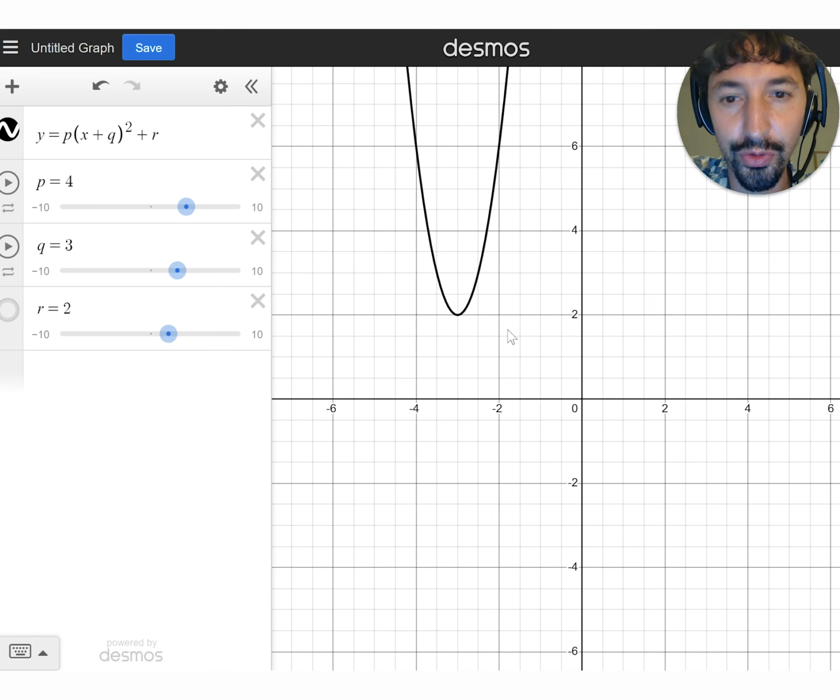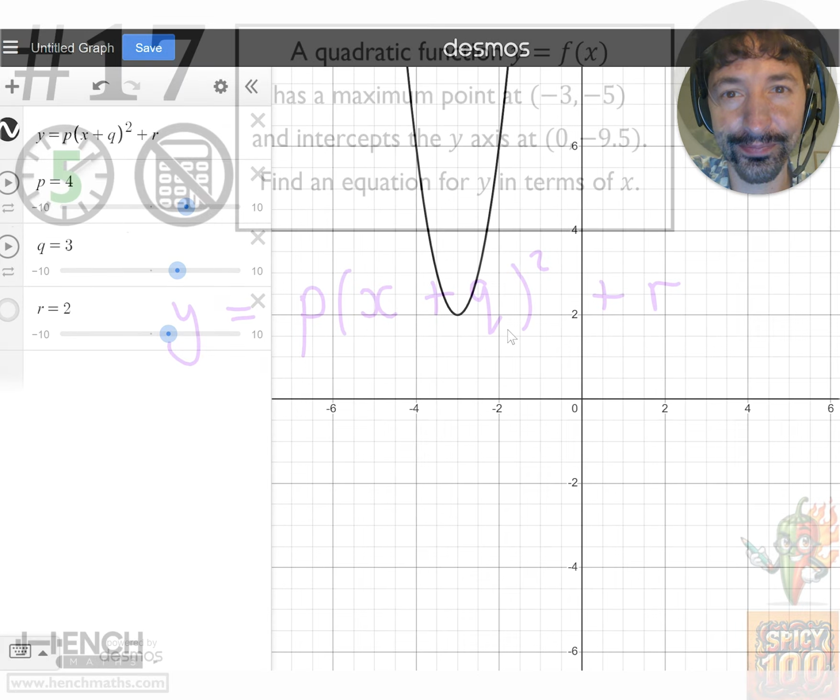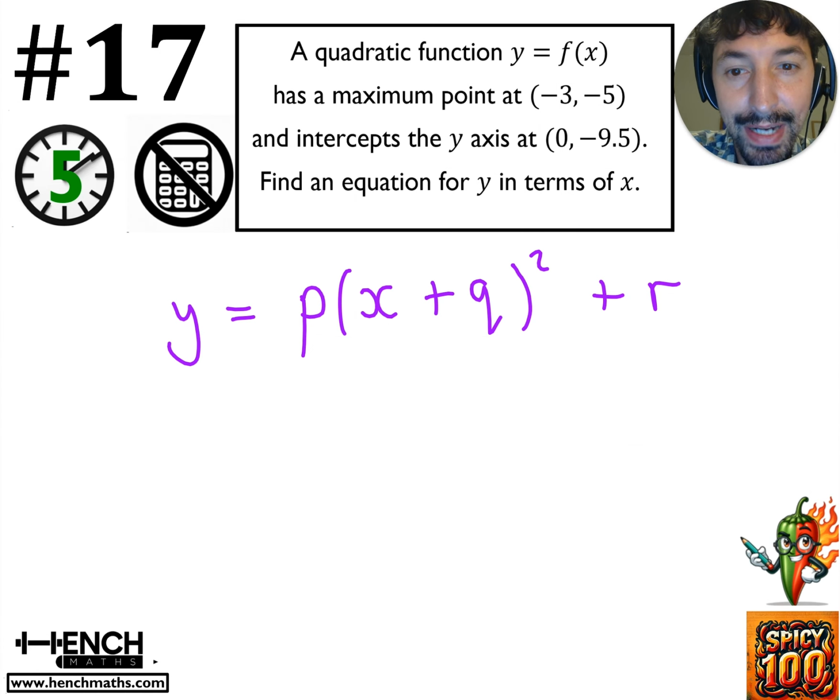So let's go back to our working out. Because our equation has a maximum point, we know this p-value is going to be negative. But I'm going to start with the q and the r. Because we know the maximum point is (-3, -5), we can already fill in most of the details here.